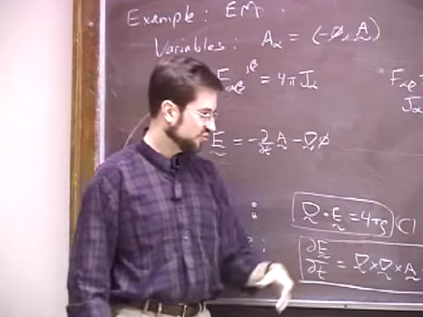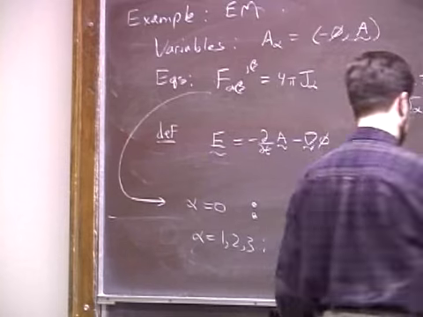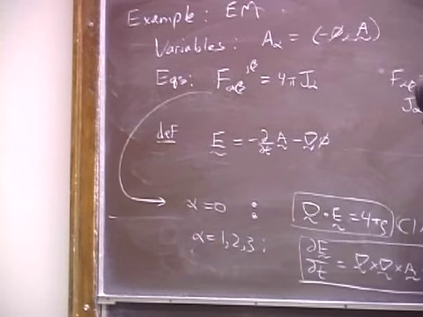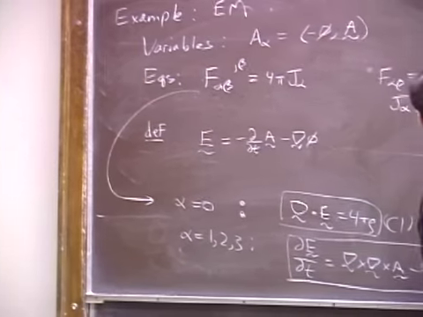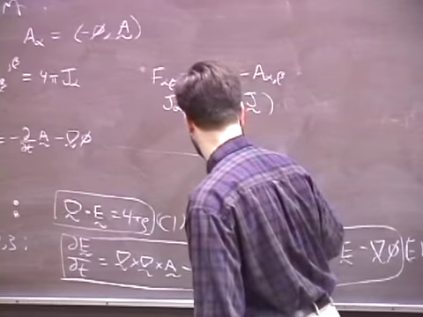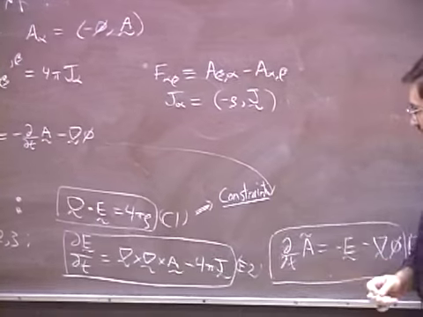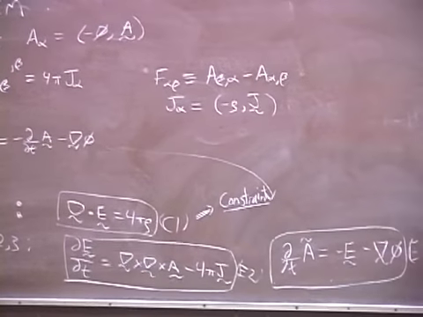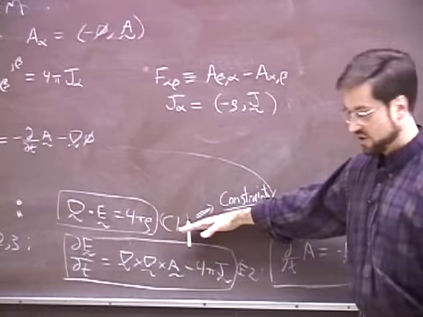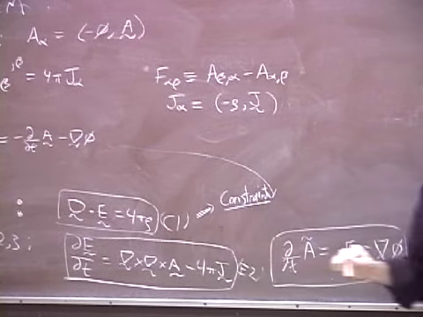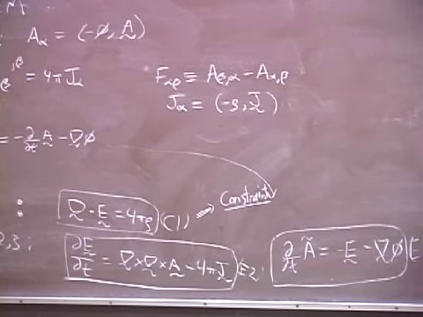So why do I call these E1, E2, and C1? This C stands for constraint, and that's because this divergence of E equation constrains the value of E that you can have at any particular time.